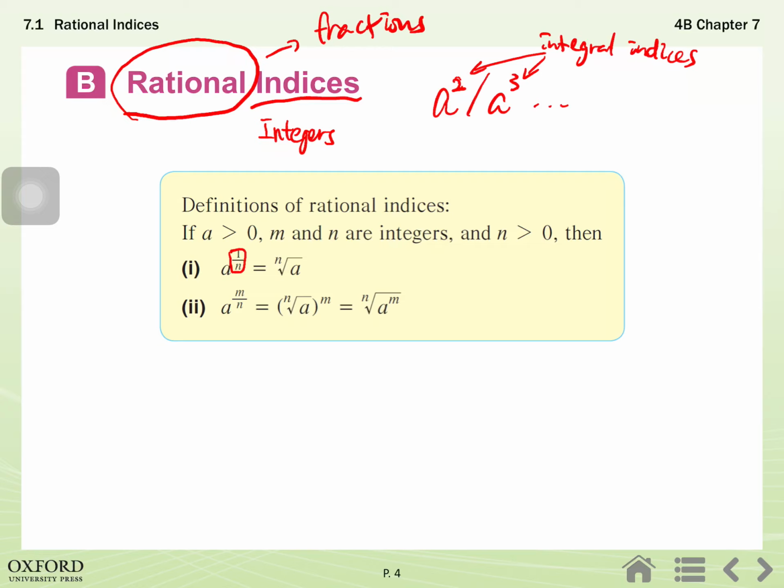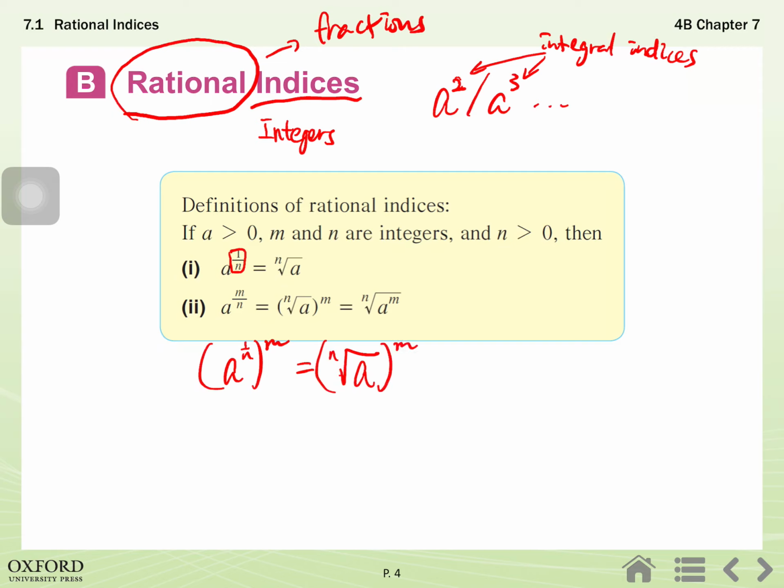And similarly, if we add a denominator, then we will have this type. You can consider this one to be like this, and thus we will achieve this result: inside the bracket we will have this one, and outside the bracket is to the power n.